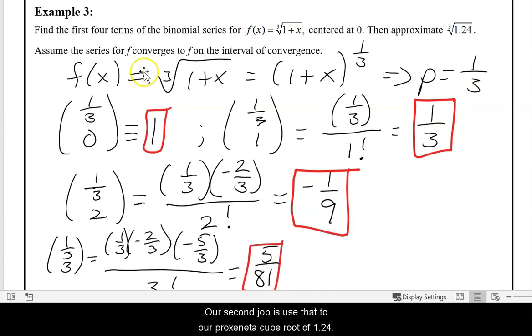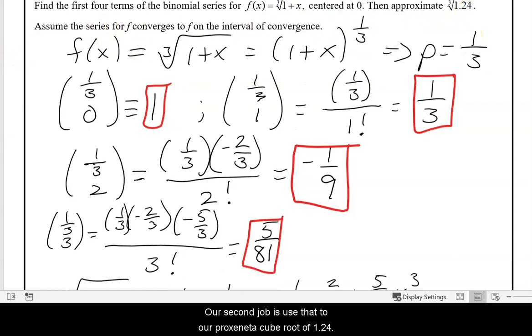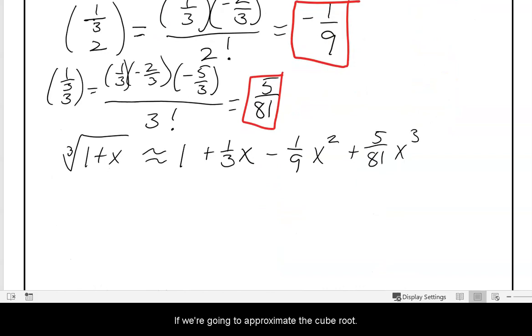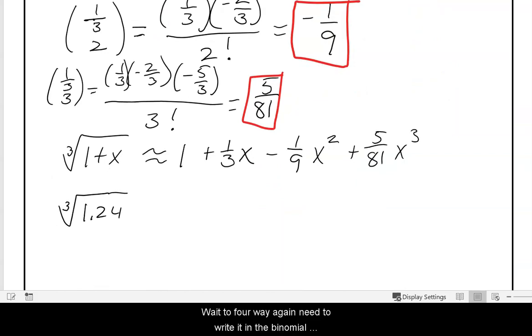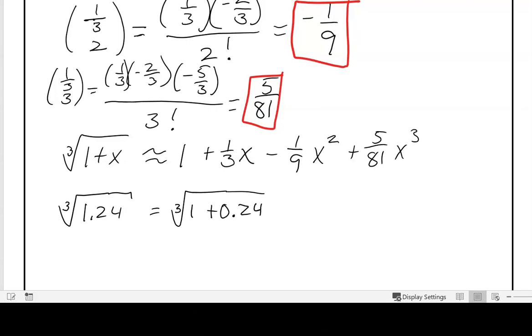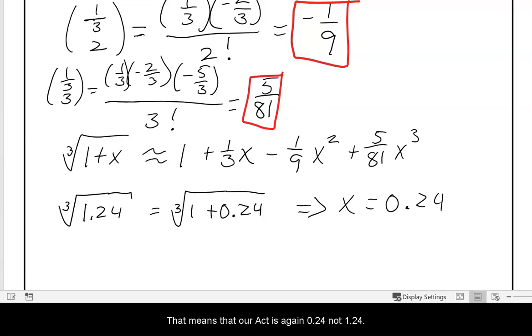Our second job is to use that to approximate the cube root of 1.24. If we're going to approximate the cube root of 1.24, we again need to write it in the binomial expansion form, which is to write it as the cube root of 1 plus 0.24. That means that our x is again 0.24, not 1.24.